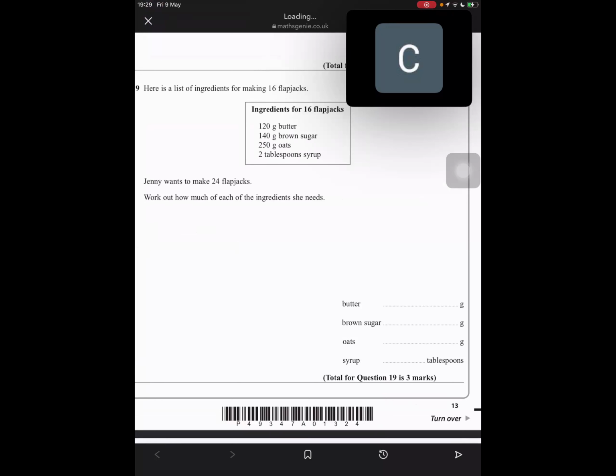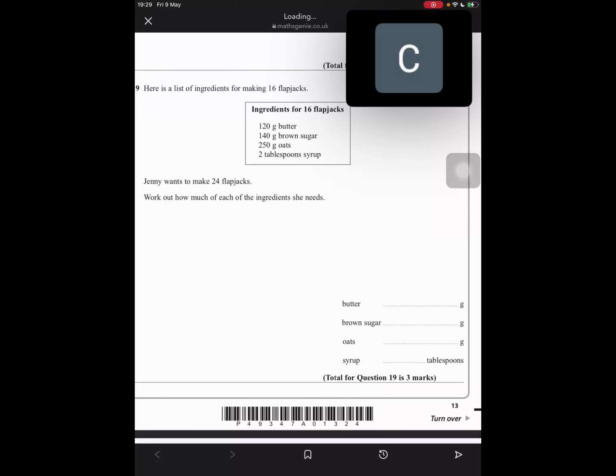Here is a list of ingredients for making 16 flapjacks. Question. Jenny wants to make 24 flapjacks. Work out how much of each of the ingredients she needs. Wow. This is a big one. Okay. Not too big for us to handle.